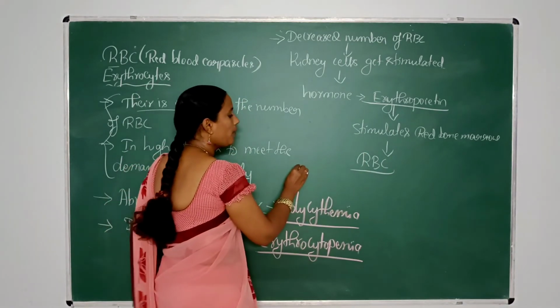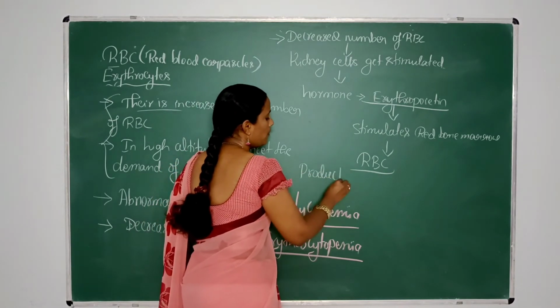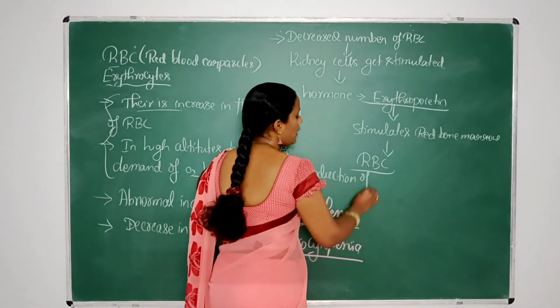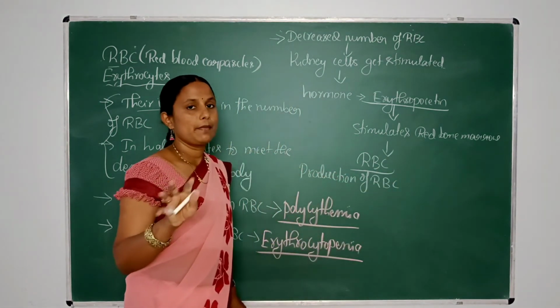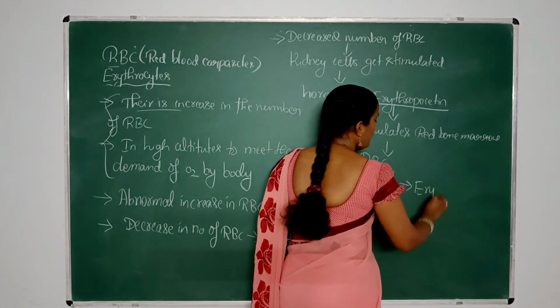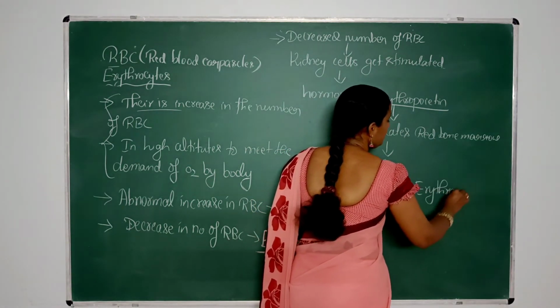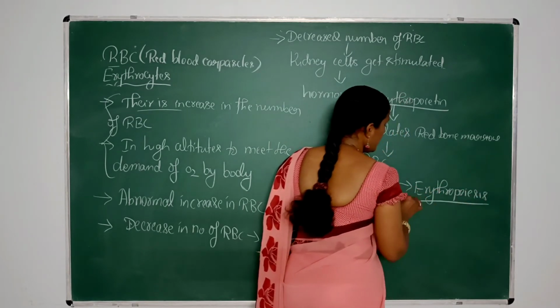The process of formation of RBCs is called erythropoiesis.